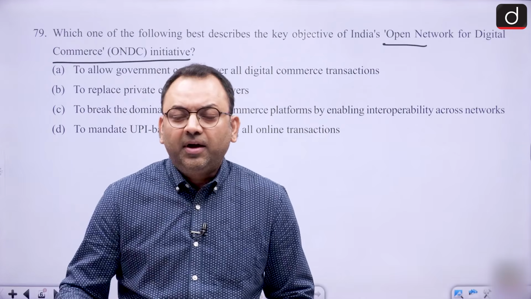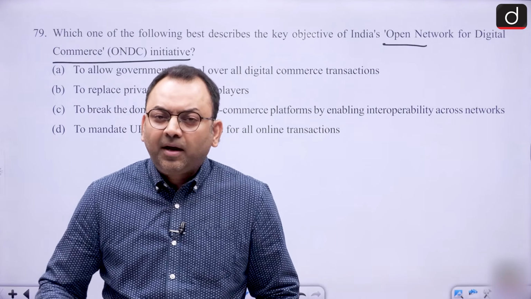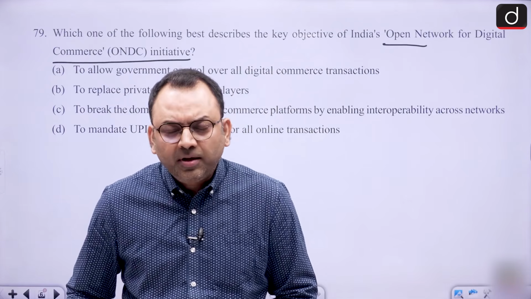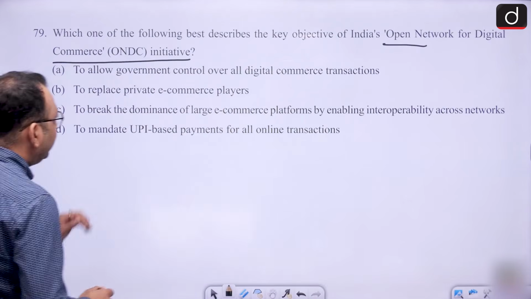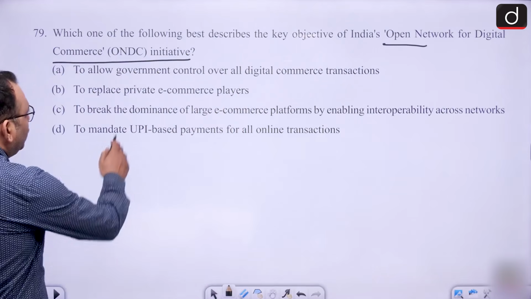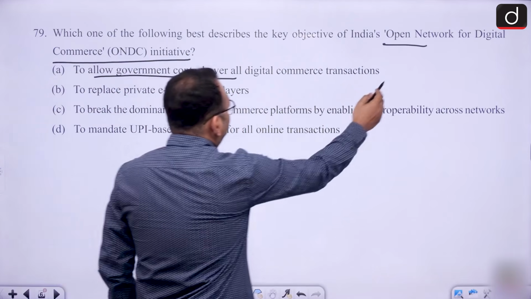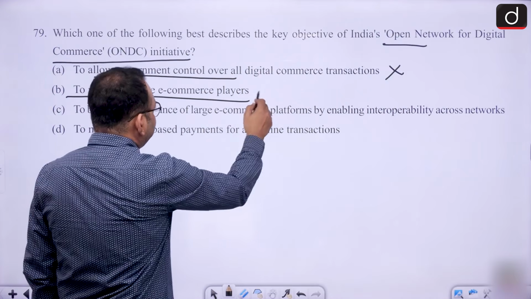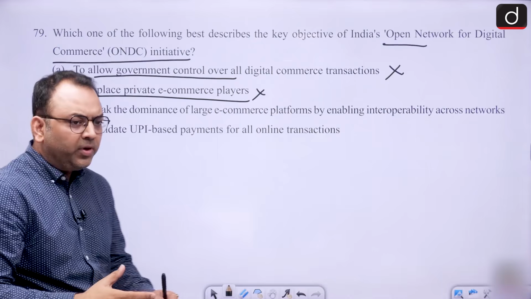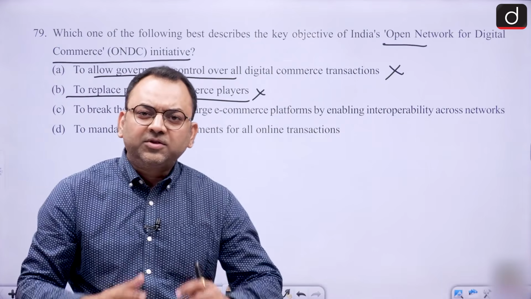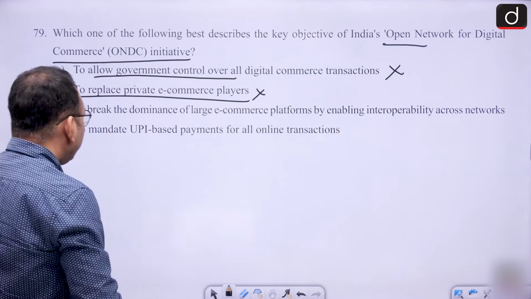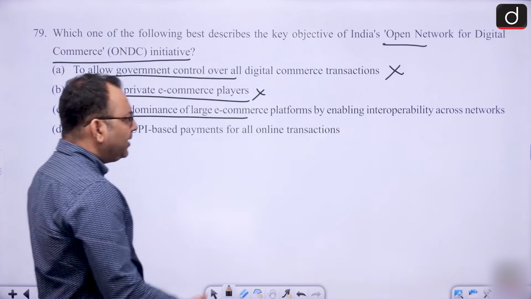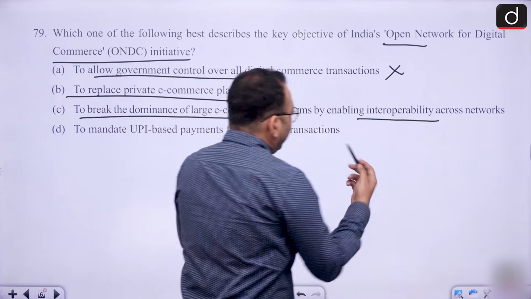They will have to follow the normal business processes, and that's why ONDC is not meant to permit government control. This is incorrect. This is not to replace the e-commerce players, rather it is to integrate and bring all the e-commerce players together, so that we can break the dominance of large e-commerce players and promote interoperability across the networks.